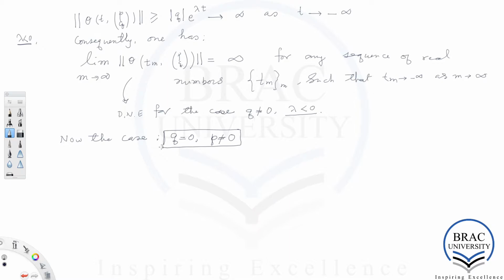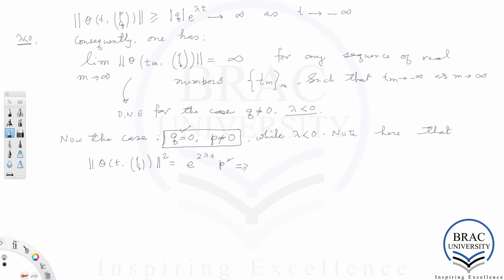While we always have, as earlier, lambda to be strictly negative, note here that the square of the norm of this vector is equal to e to the 2 lambda t p squared, since q is identically 0.